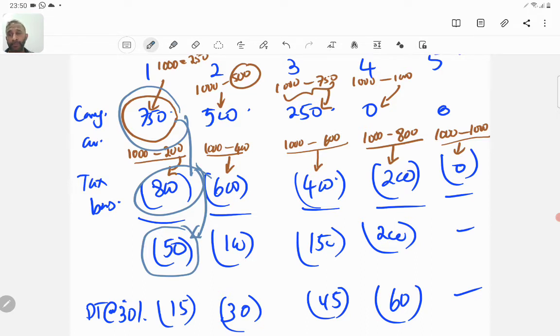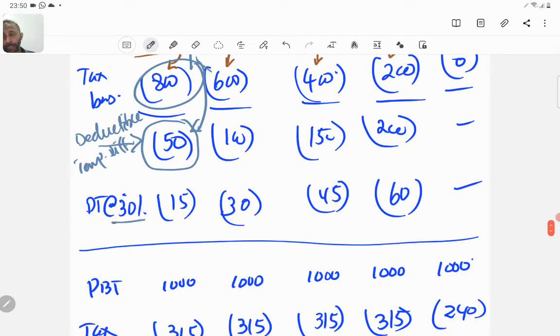So we are keeping some additional amount of the tax base as a value of asset to be deducted for future purposes. That's why this 50 we are showing in brackets is known as a deductible temporary difference.